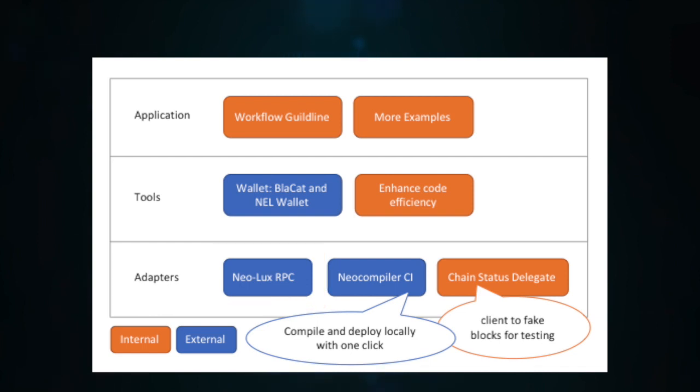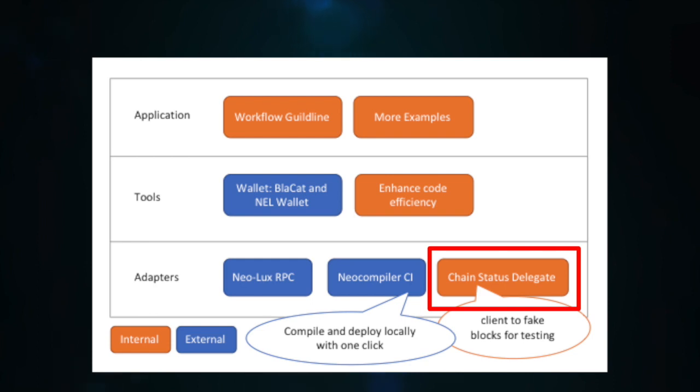And the second component is about continuous integration with NeoCompiler Eco. So in that way, with only one click to run the script locally, you can compile and export the AVM and directly upload it to the NeoCompiler system. And the last part on the adapters layer is about chain status delegate.